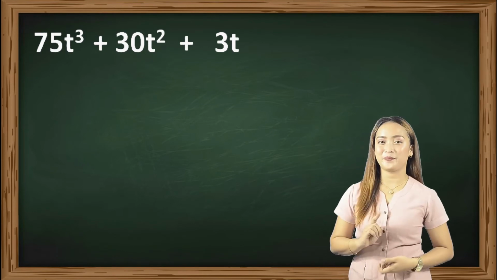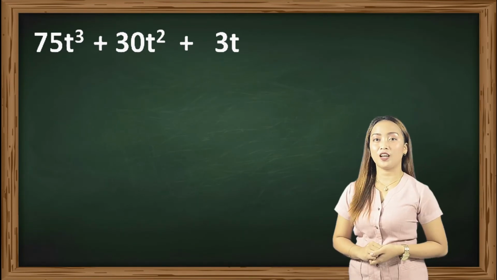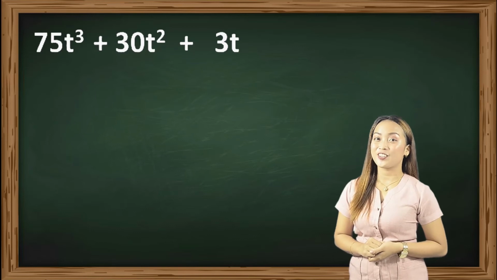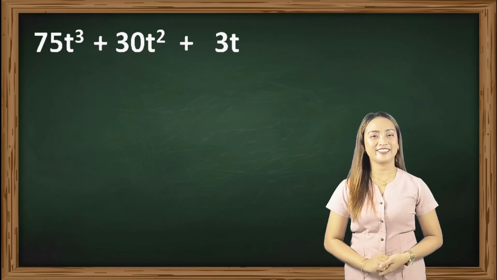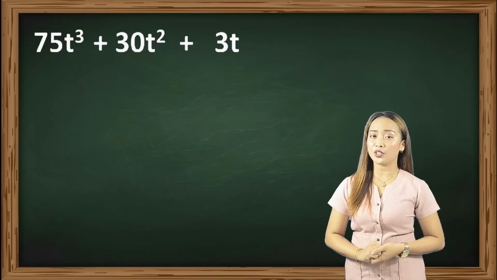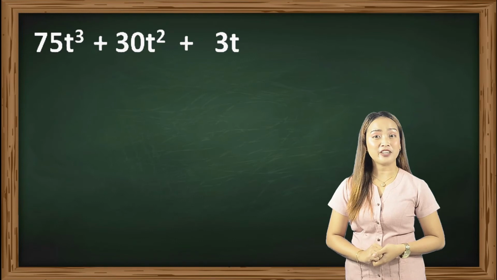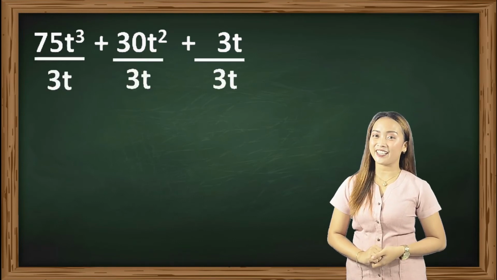First step, use what factoring technique? GCMF, since it is applicable. Very good. Then what is the greatest common monomial factor of the given expression? 3t. Great.